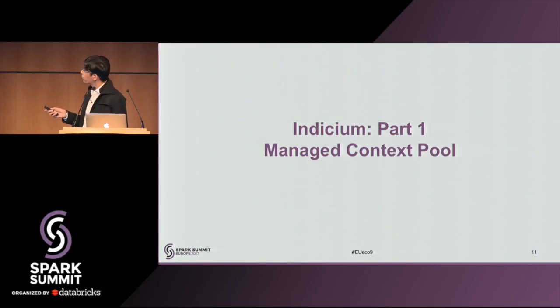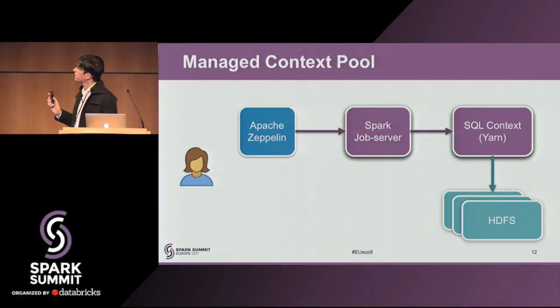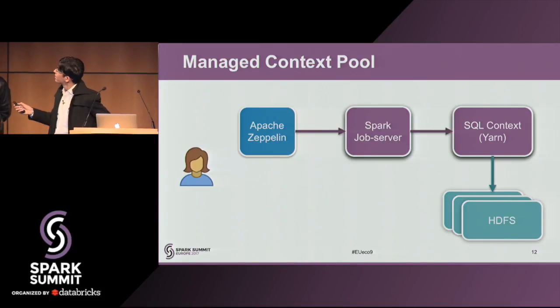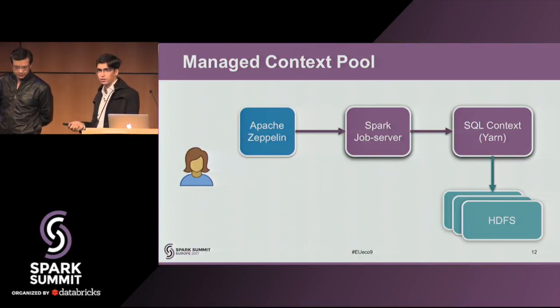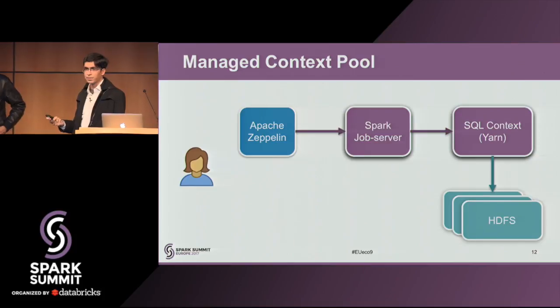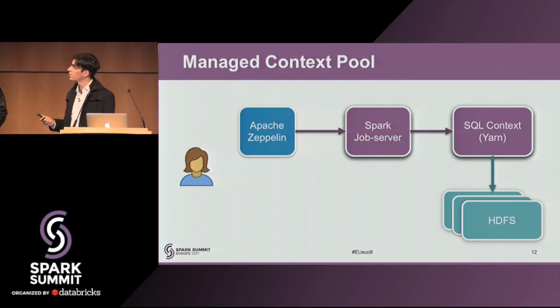So let's look at the first phase where we took up some of those open source components. We call it the managed context pool because we were managing a pool of Spark contexts. So this is how it looks. Let's spend some time here. To begin with, we have Apache Zeppelin, which is an open source tool. It offers notebooks, just like IPython, Jupyter, or even Databricks notebooks. Then we have Spark Job Server, also an open source component.